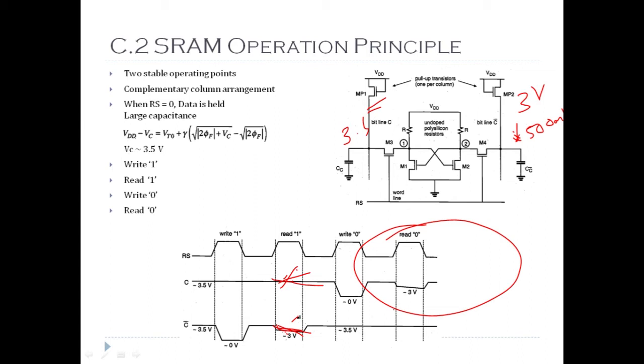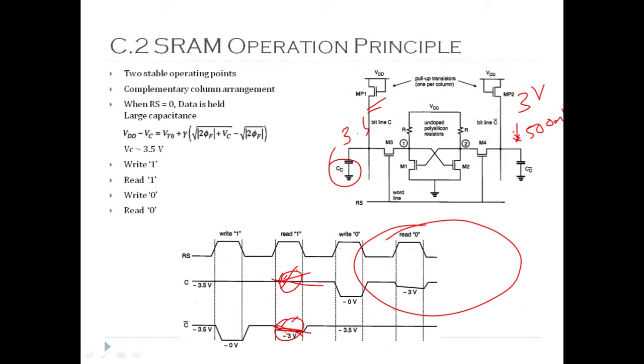When the voltage at C bar is less than the voltage at VC, by a few hundred millivolts, the voltage difference is amplified and it is interpreted as 1. I'll repeat. Whenever the voltage on the bit line C bar, VC bar, is smaller than VC, the voltage on this CC capacitor, then the difference is amplified and it is interpreted as logic 1.